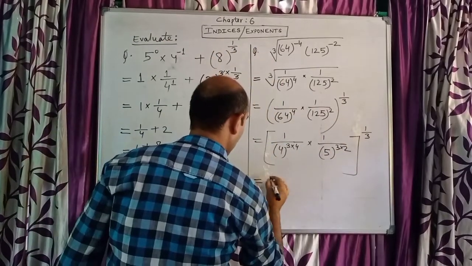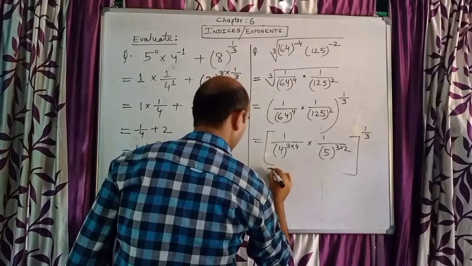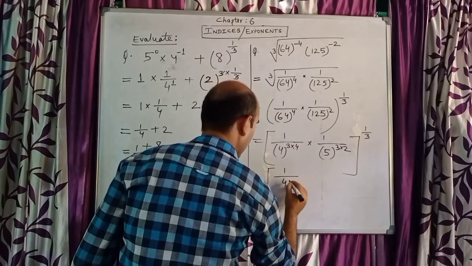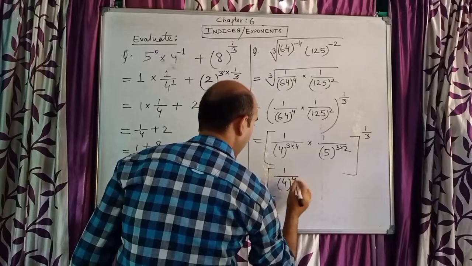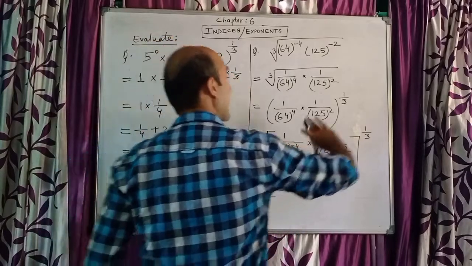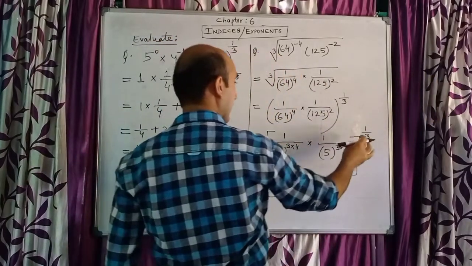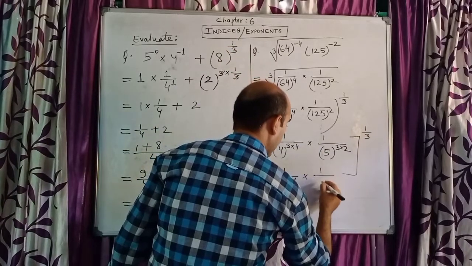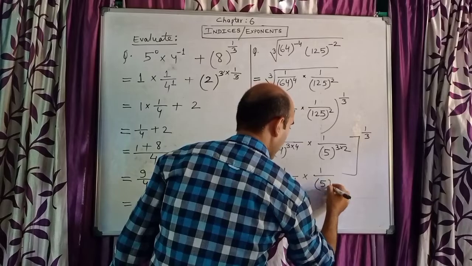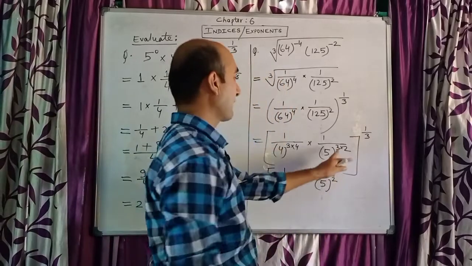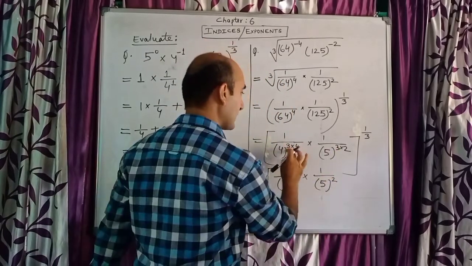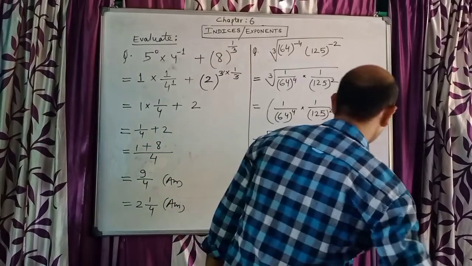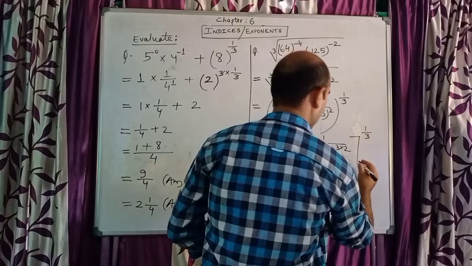So my next duty will be, I will write 1 by 4 power 4. That means I am not writing this 3. This 3 I will take outside actually to cancel with this 3. And here also I will write only 1 by 5 square. So both the 3 will come common and it will come here outside as a power.